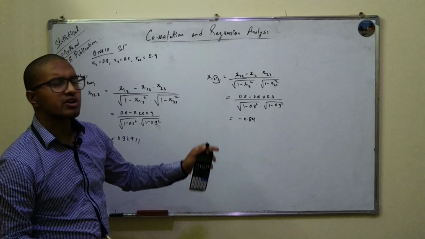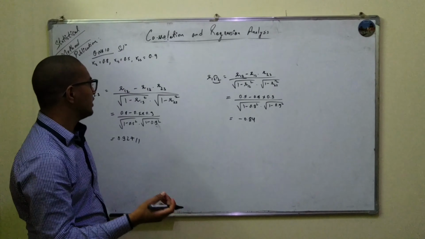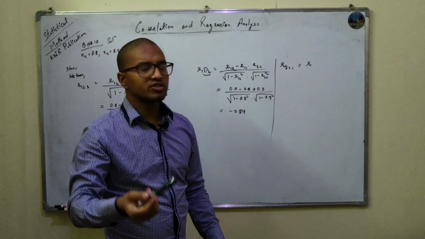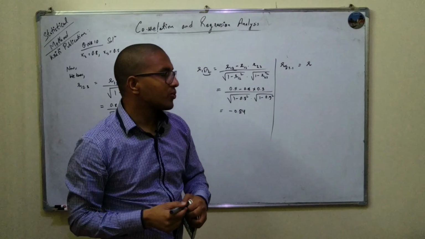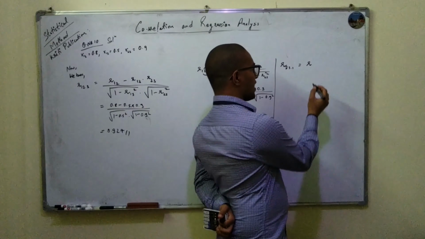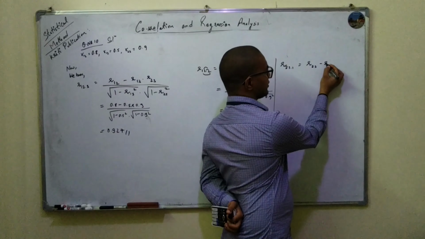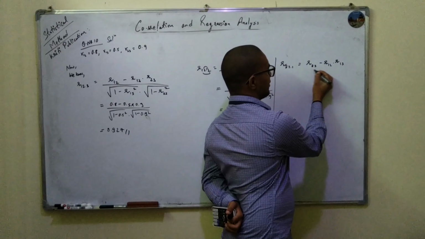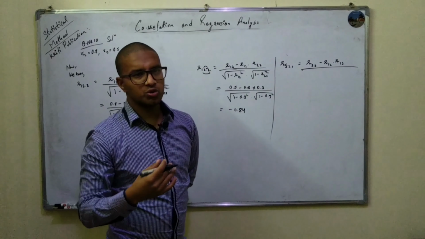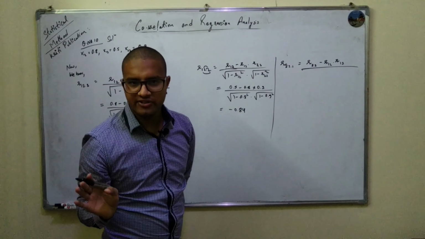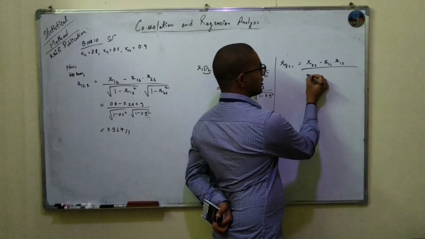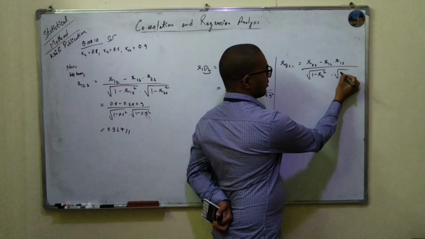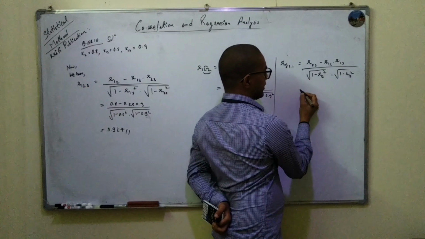Now if you're computing it for, let's say, R23.1, let's see what happens. If we are solving for R23.1, we take R23 minus R12 times R13. You can write 31 or 21, it doesn't matter because it is symmetric. Under the root, 1 minus R12 squared times 1 minus R13 squared.